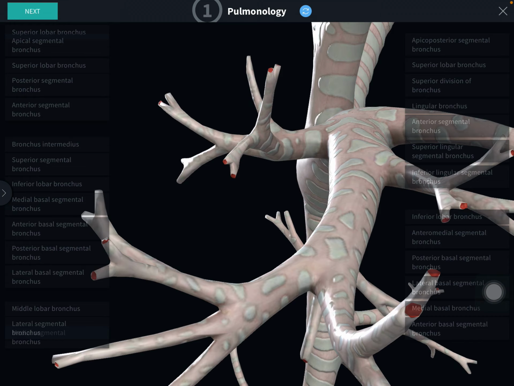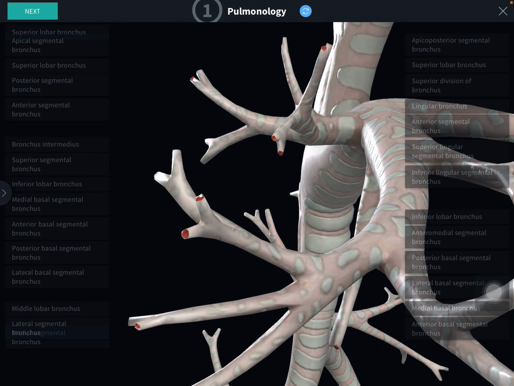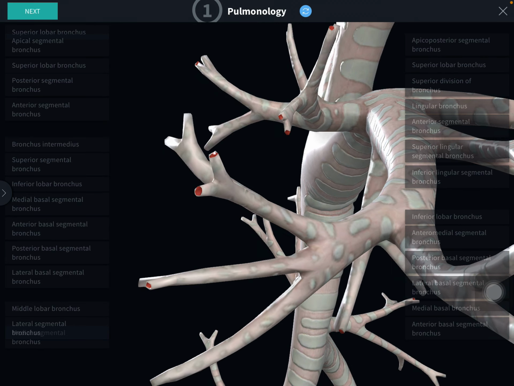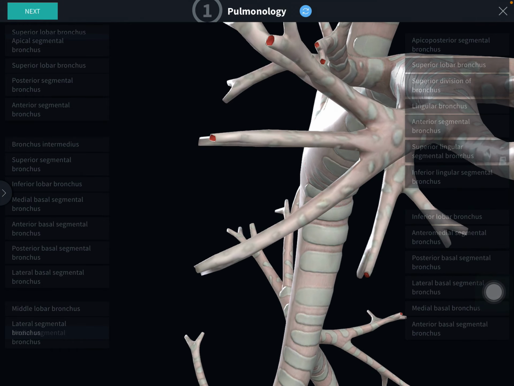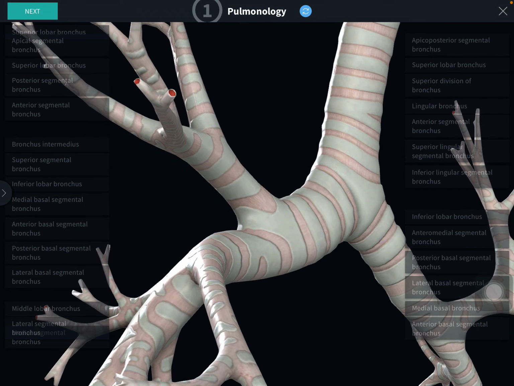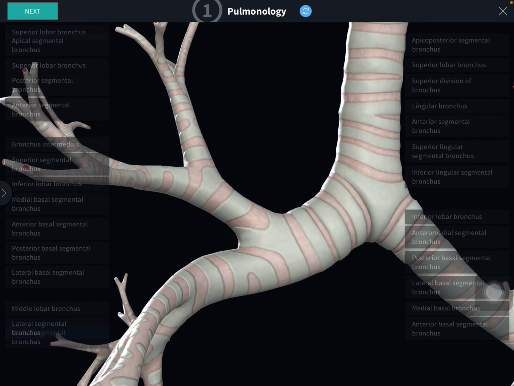Then about 2 cm below the origin of the apical bronchus, the remaining branches are anterior basal, medial basal. Then lastly the bronchus divides into lateral basal and posterior basal. So these are the tertiary bronchi from the right principal bronchus.